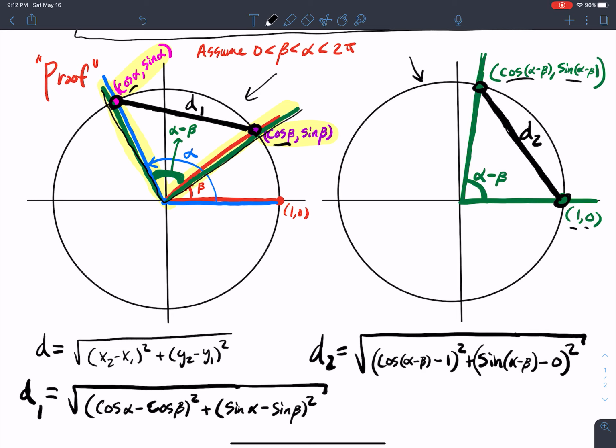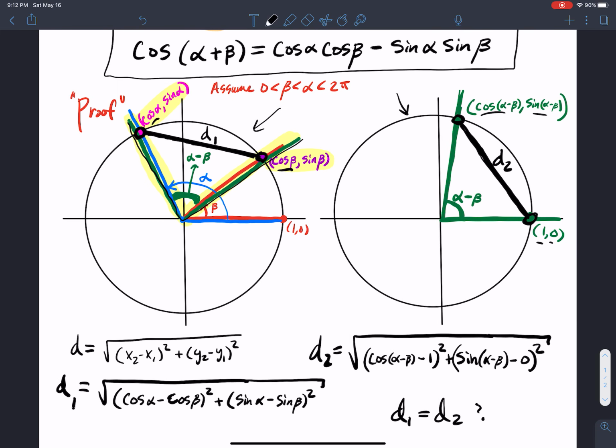Now, can I convince you that D1 is equal to D2? If we can, then we can set those two pieces equal to each other.